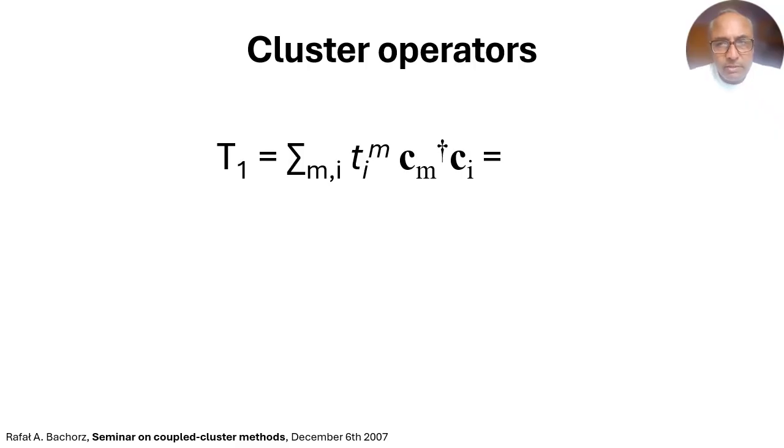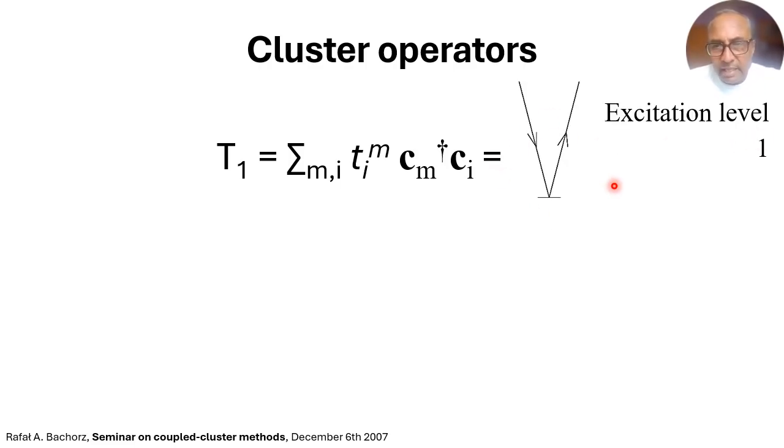We now present the cluster operators. T1 equals sigma mi t_i^m c_m† c_i, which is represented by this diagram, that is the creation of an exciton, and thus an excitation level of +1.